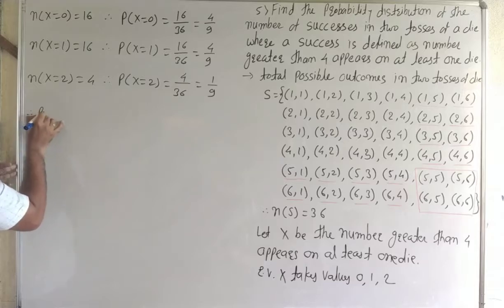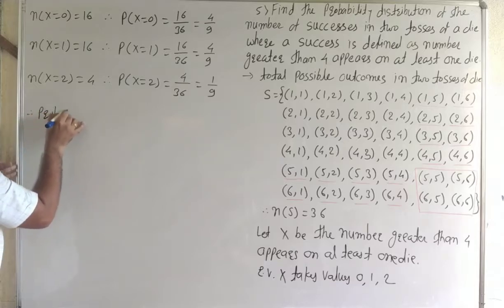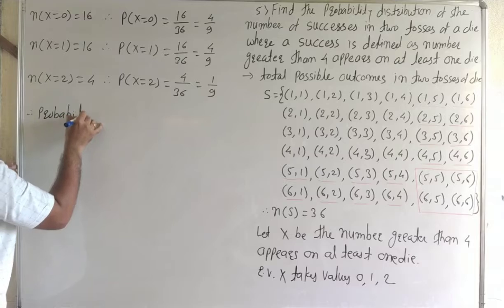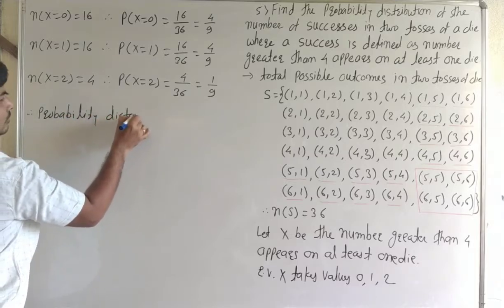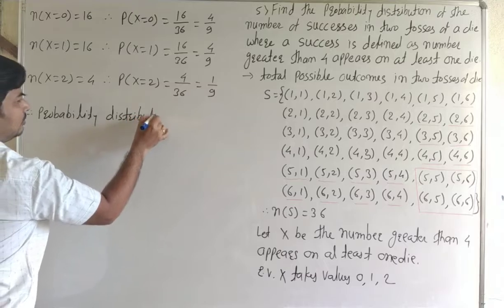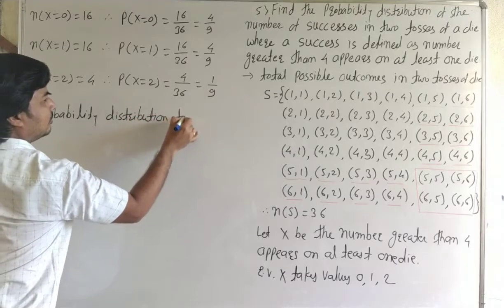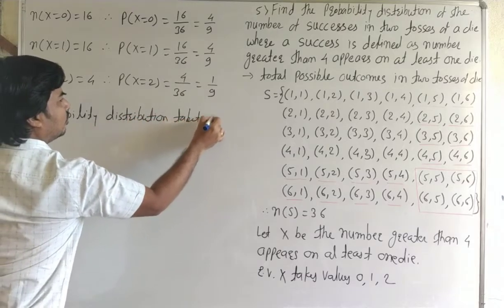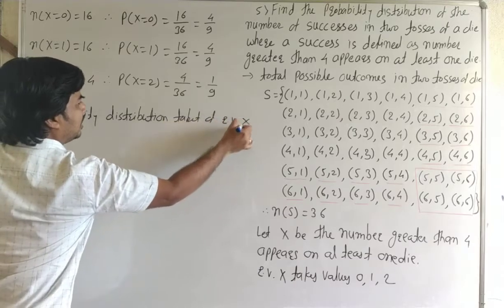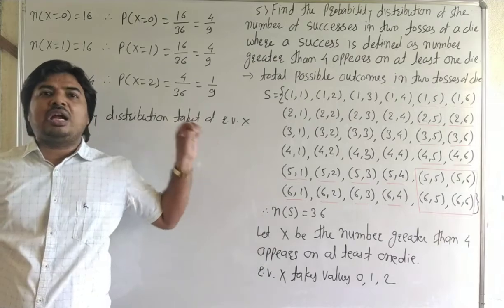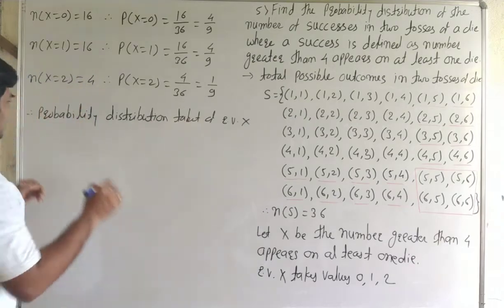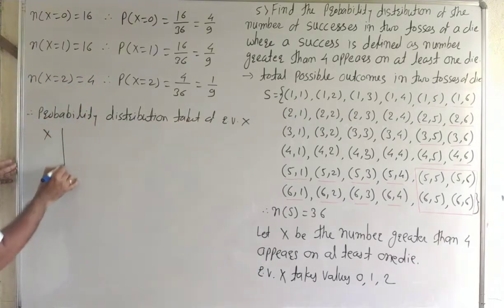Therefore, the probability distribution table of random variable X, where X is a number greater than 4 appearing on at least one die.